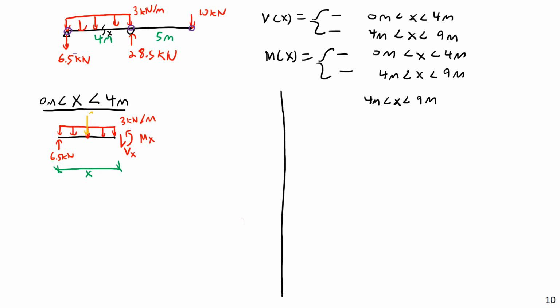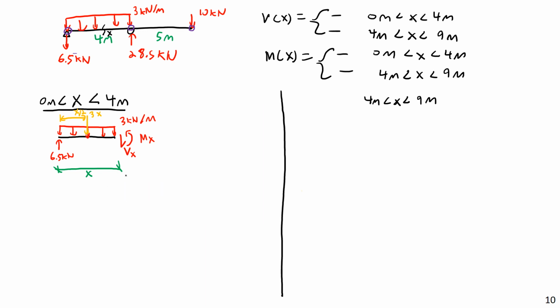I can just say this is 3x. And then this is at a point that's at the centroid of the load, which would be x over 2. So the load itself has a magnitude of 3x and is located at a distance x over 2 from the left-hand side of the beam.